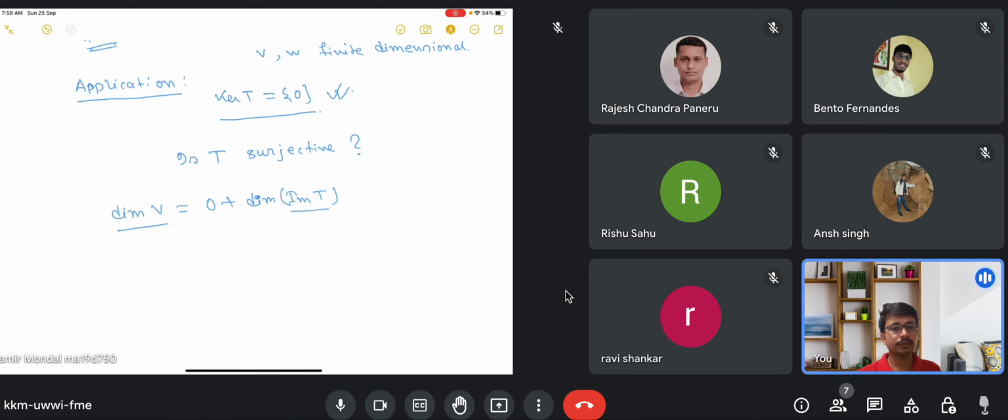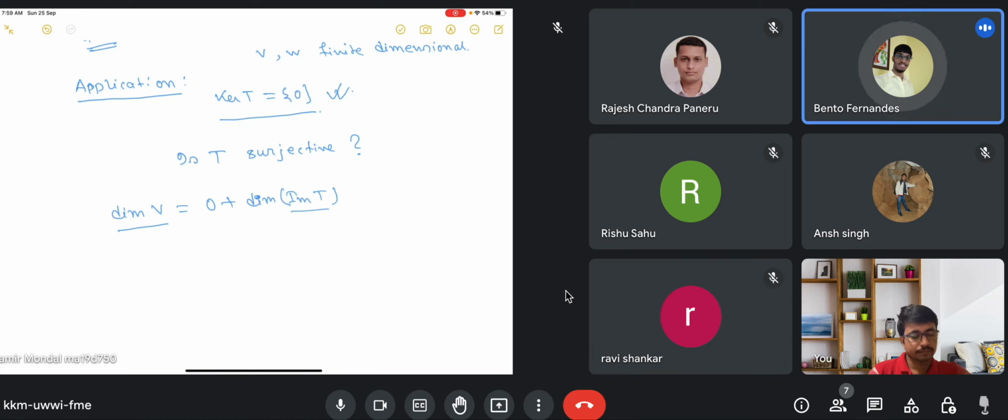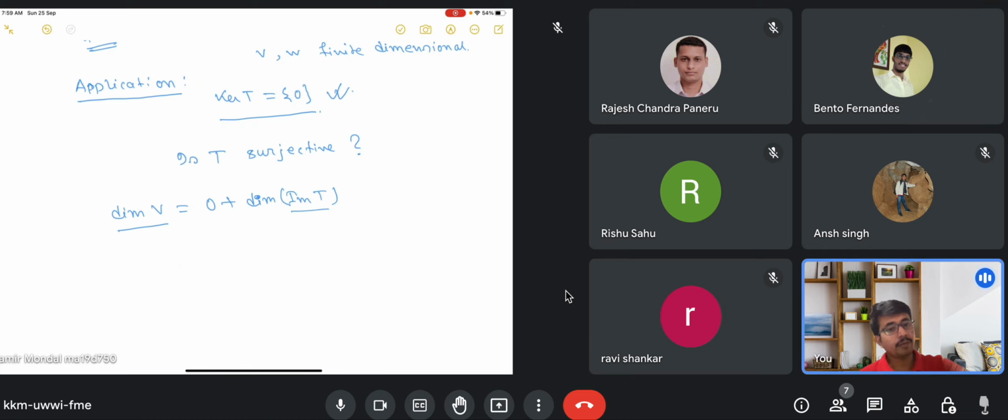How is it bijective? That's the question. Sir, bijective means injective plus surjective. Here we are given that the kernel of T is the singleton 0, so that will imply nullity is 0. That implies the dimension of V is equal to the dimension of the image of T. The dimensions are the same. Does it imply surjective?